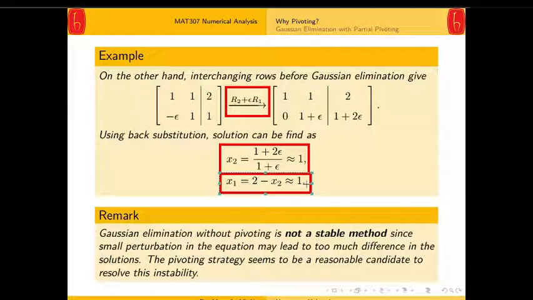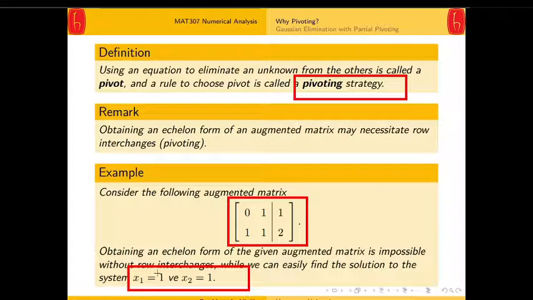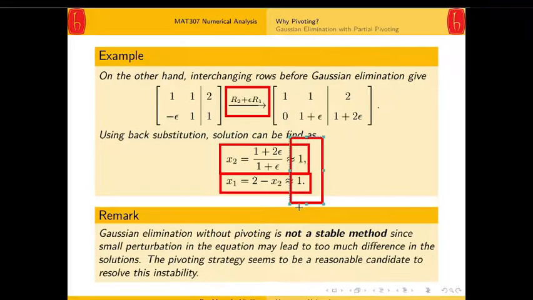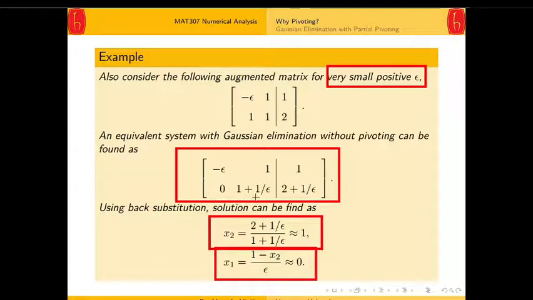Okay, so now if we compare this with the solution of the original problem, it was 1 comma 1, so the small changes cause small change in the solution itself. What is the difference between this example and that example?